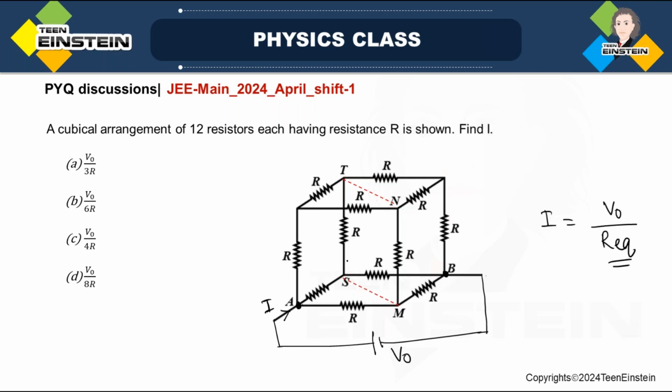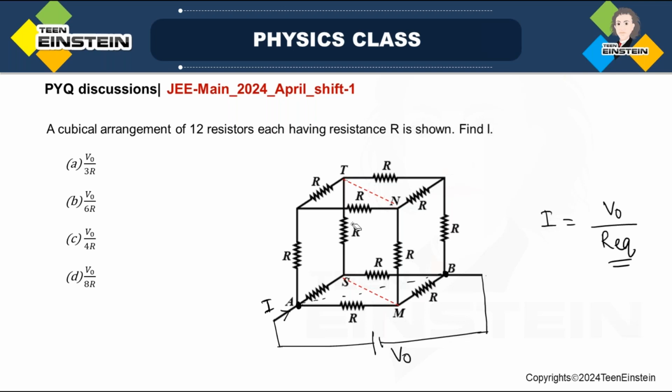I can show you here that there is a plane, the plane TNMST, and this plane is perpendicular to the line joining AB. I hope you understand this. Through this perpendicular plane, the resistances will not have any effect.